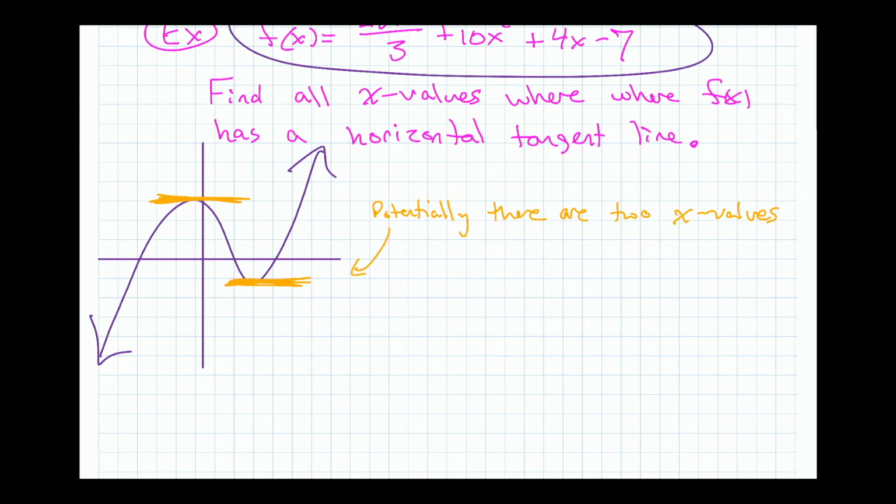And what's special about them is their horizontal slope. But remember, horizontal tangent line means the slope is 0, right? Slope 0 is horizontal. But the slope is the derivative. That means derivative is 0.